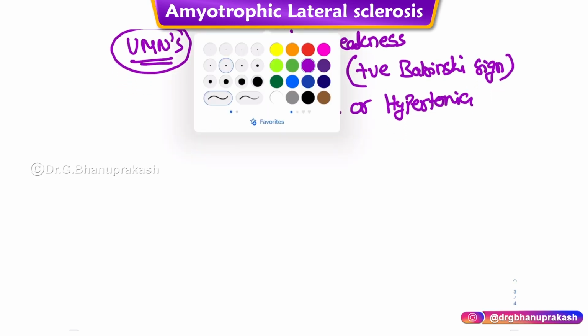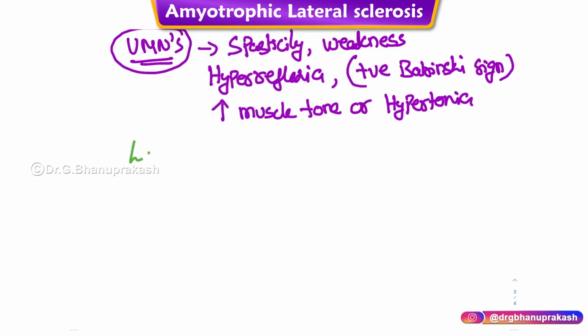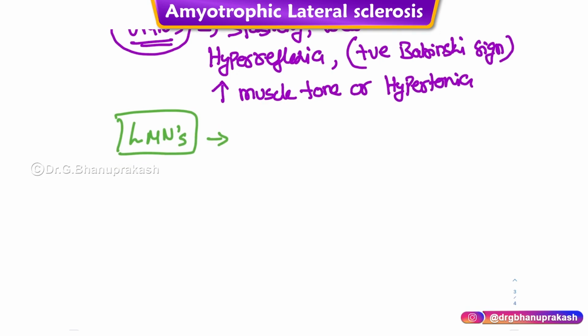And what about lower motor neuron lesions? This also causes weakness, especially atrophy.